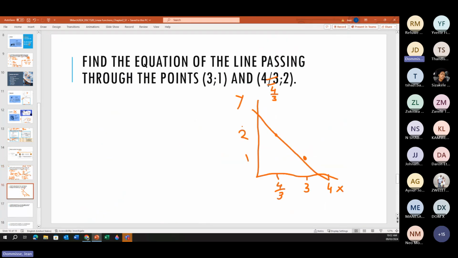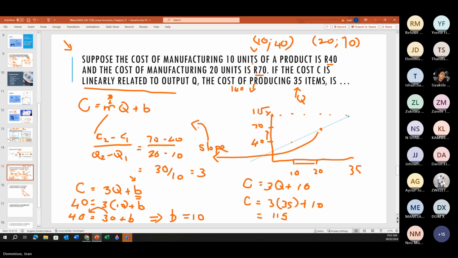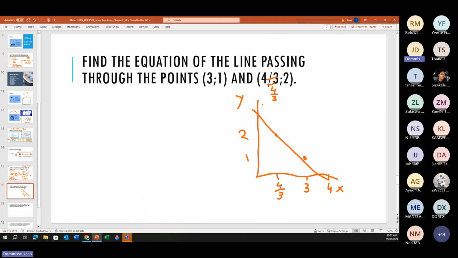So again, supply function that was positive. So you would also have seen we're working with a positive. Here we're working with a demand function. So the indication then is the slope will be negative.